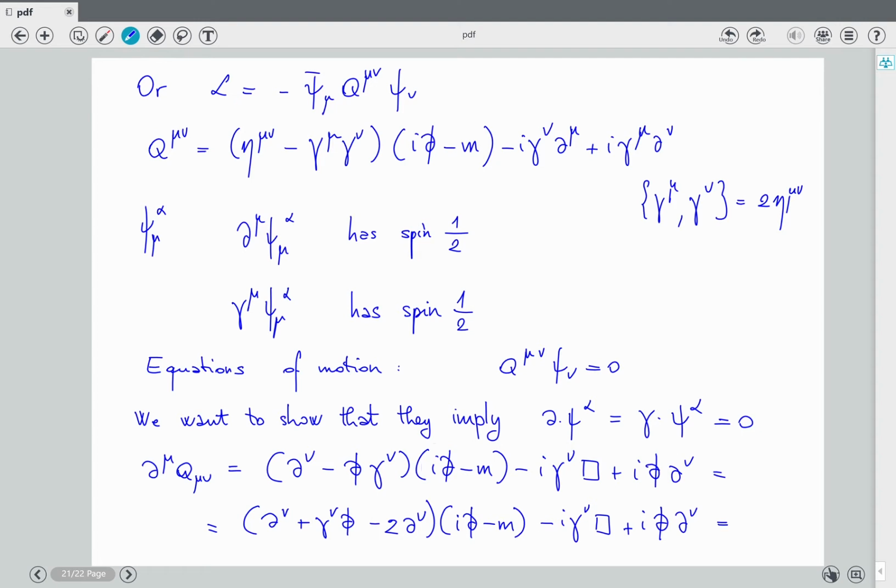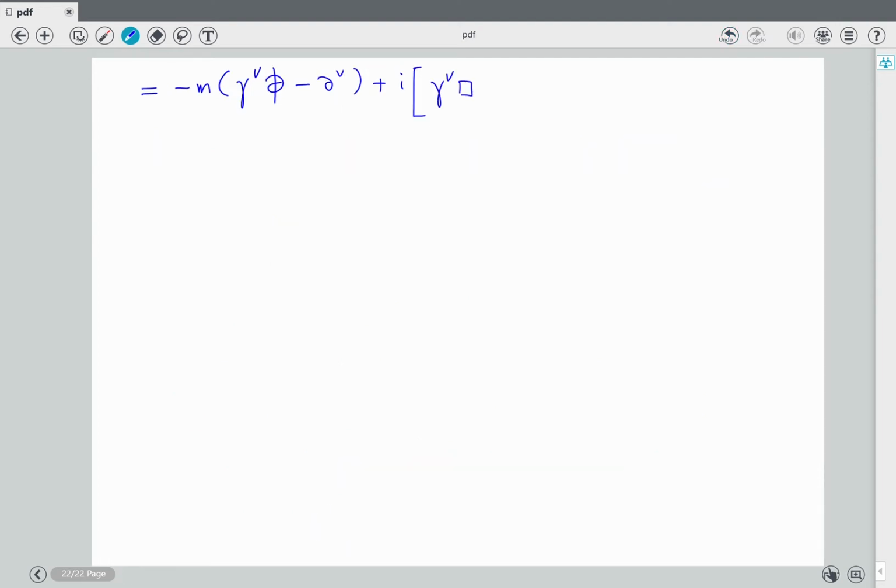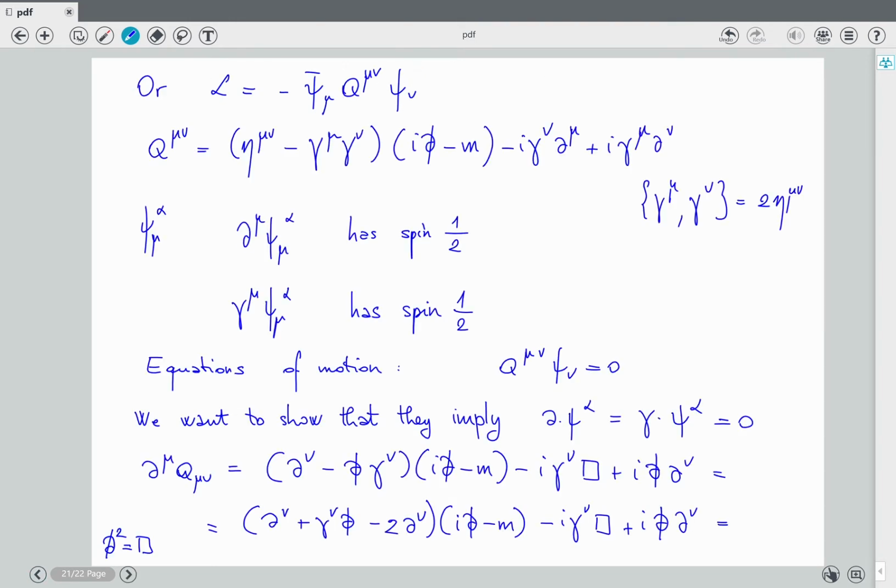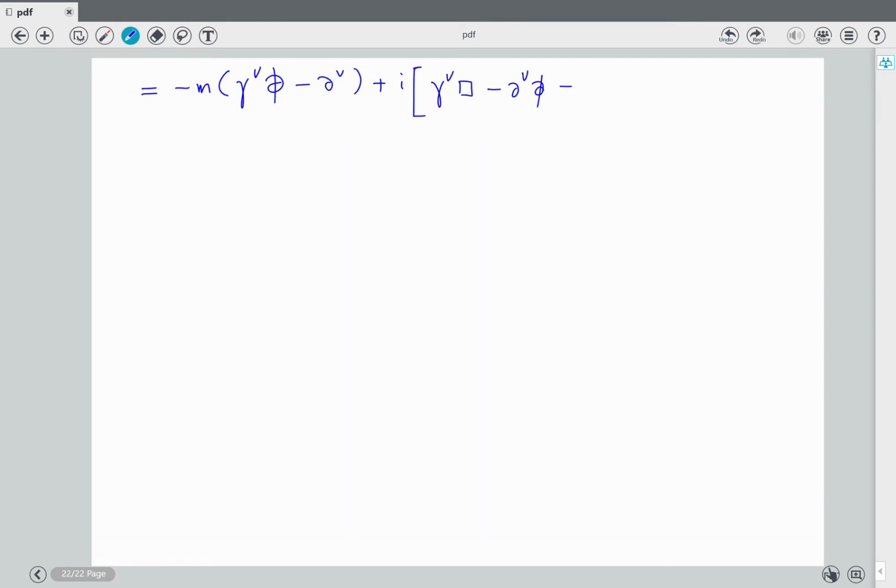Here the slash squared is box, so these two give γ^ν □. Then we have minus ∂^ν ∂̸. And then the other two terms, minus □γ^ν plus ∂̸∂^ν.